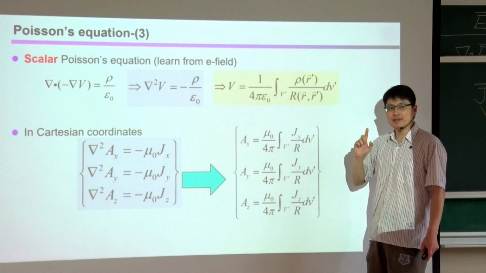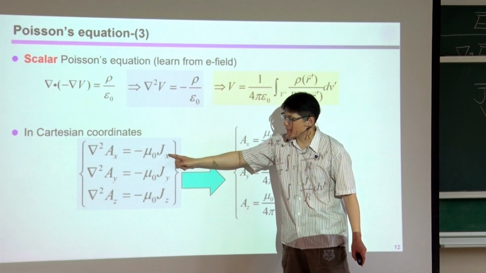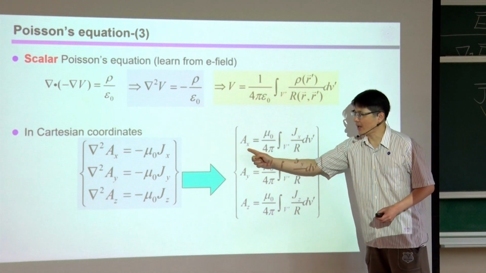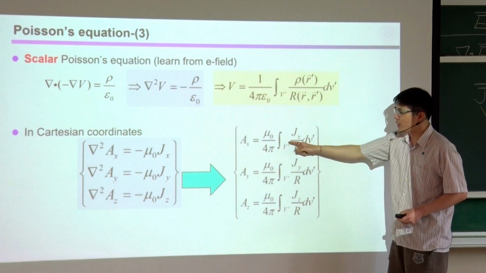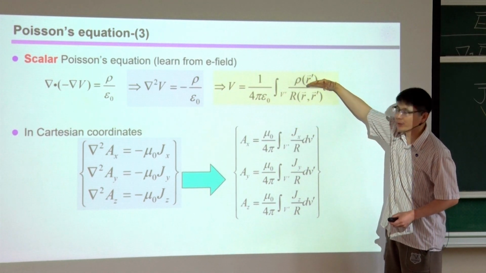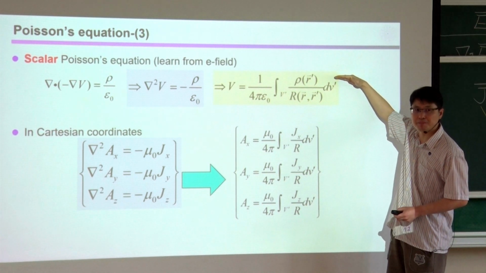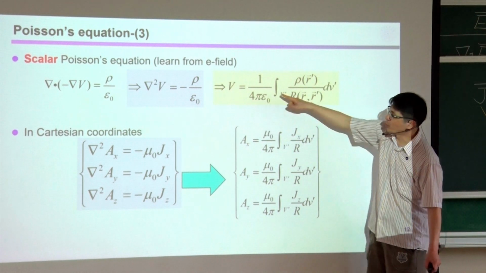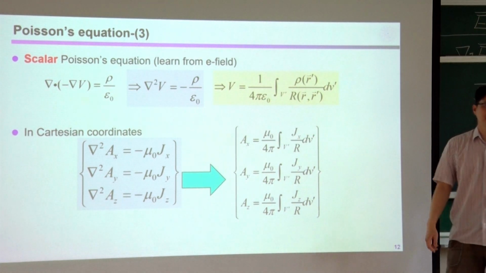One by one analogy tells us if we know the X current density component, then we now know the AX component of the vector magnetic potential. We only have to perform the volume integration, borrowing the solution form of our known electric potential. We replace rho by J, and we replace 1 over epsilon 0 by mu 0. That's it.